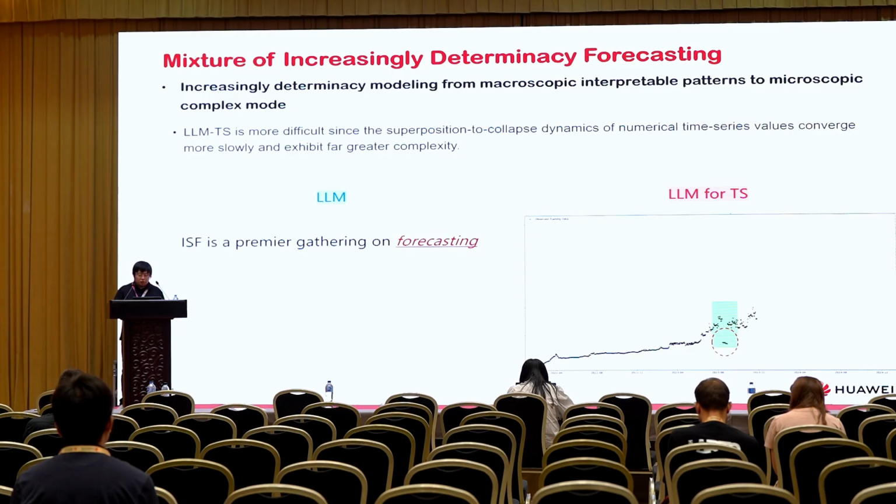When a transformer or large language model decodes the sentence and predicts the last token, "International Symposium on Forecasting is a premier gathering on what?" The preceding tokens, "international symposium on forecasting" and "gathering", have already provided strong semantic context indicating a domain of predictive analytics conference.